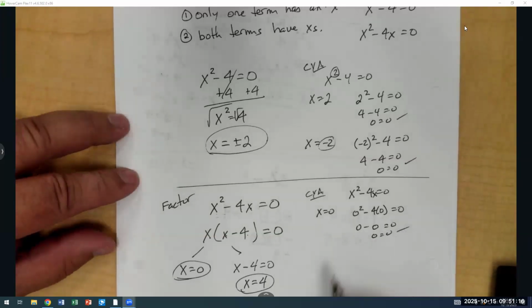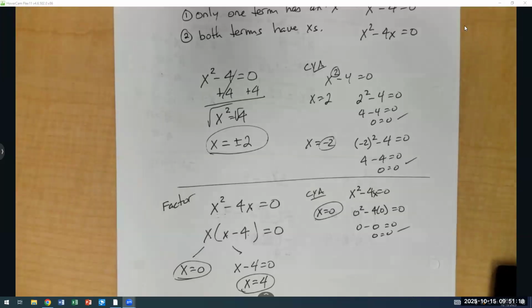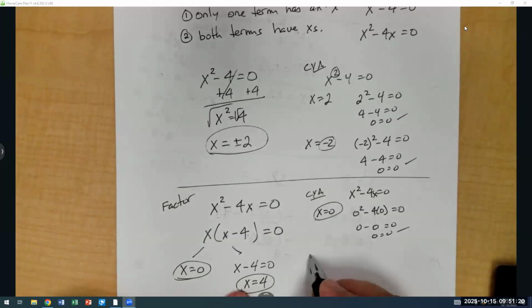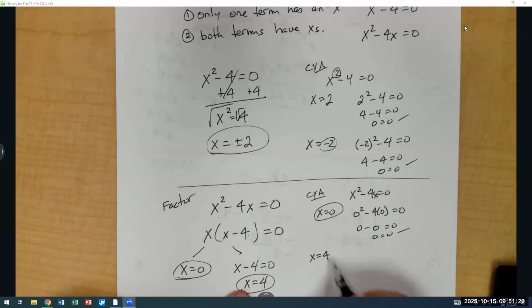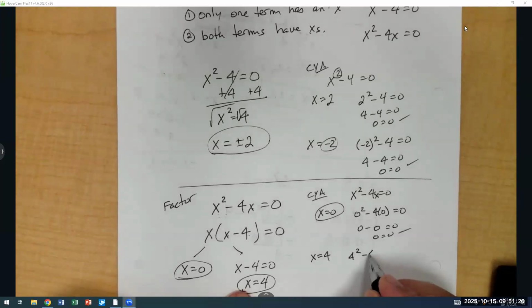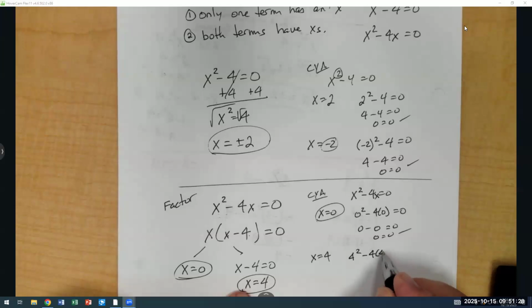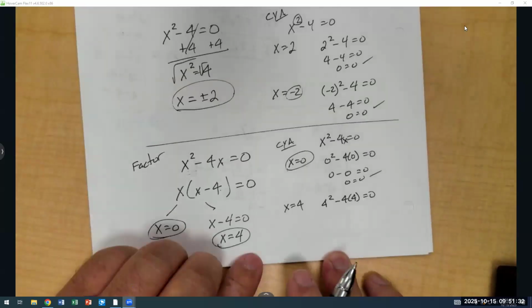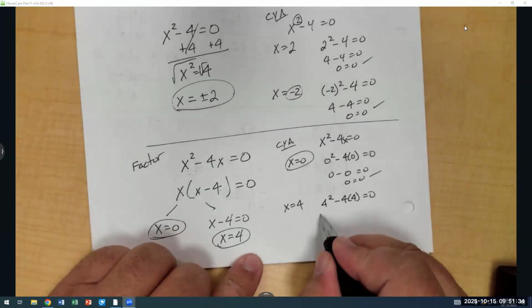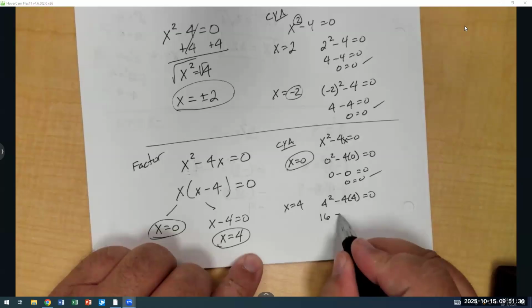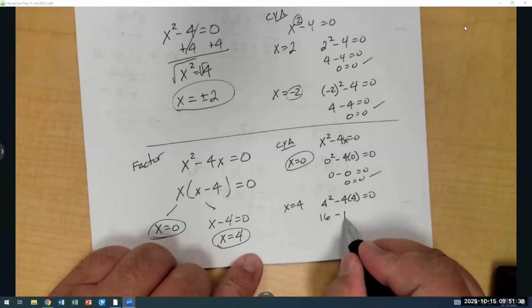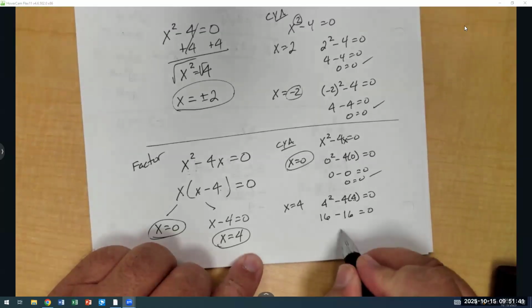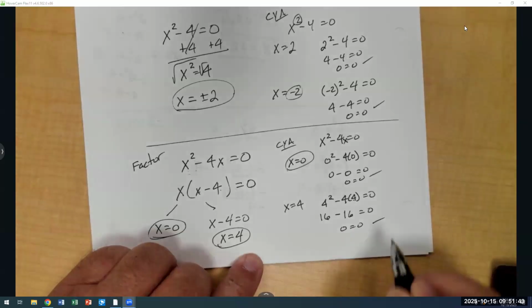So that one works. So 0 is a solution. And the next one, if x equals 4, I get 4 squared minus 4 times 4. Does that equal 0? 4 squared is 16. Minus 4 times 4 is 16. 16 minus 16 is 0, and that works.